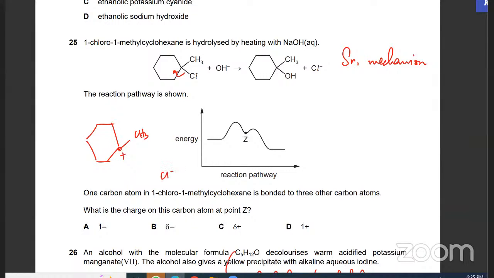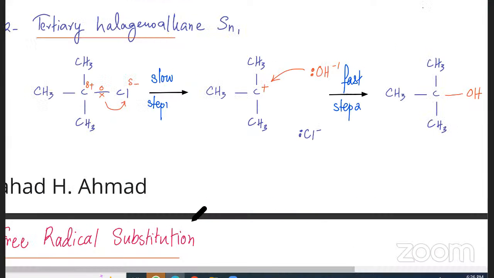Cl minus gets knocked out. In the next step, you've got OH minus coming in with its electrons, and that's going to join up. So it's a two-step mechanism, and your intermediate carbon will have a +1 charge. So we are dealing with this mechanism. The Cl leaves, carbon gets a positive charge, the OH minus comes in. So is that clear?